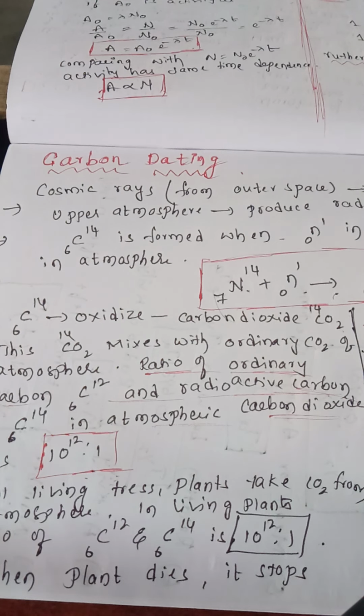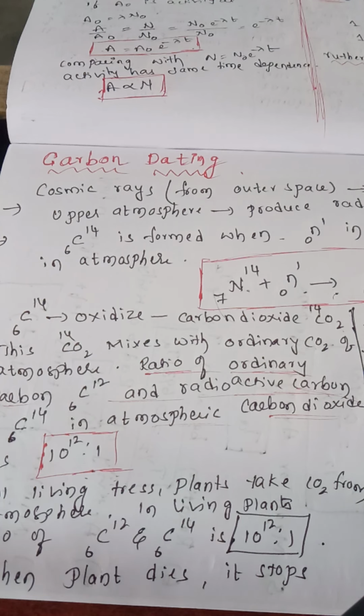Alright. So all trees and plants take CO2 from the atmosphere, we know that. So in living plants we will have the normal carbon as well as radioactive carbon, both absorbed, in the ratio of 10 to the power of 12 is to 1.